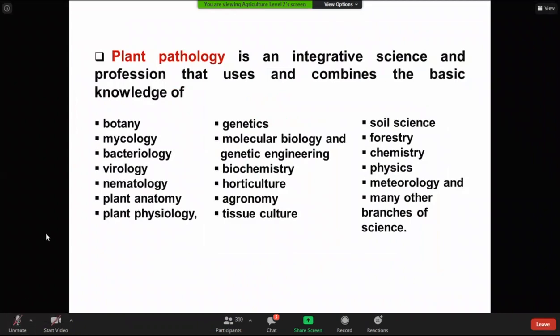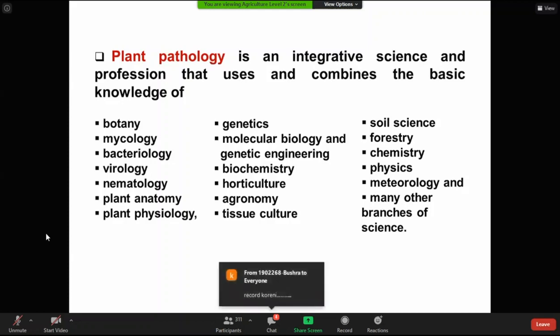So it is an integrative science and profession that uses and combines knowledge, basic things, from different disciplines. For example, botany, mycology, bacteriology, virology, nematology. You should have knowledge of plant anatomy, also plant physiology, genetics, molecular biology and genetic engineering, biochemistry, horticulture, and morphology and anatomy.